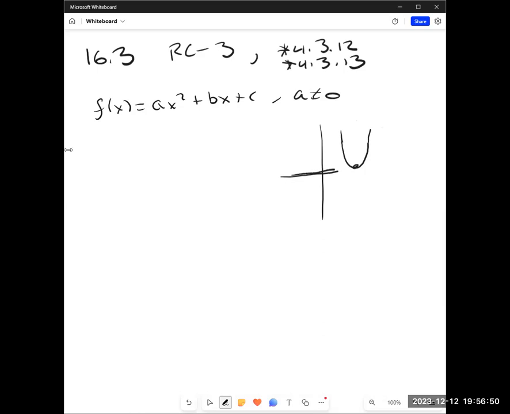So they're asking if we have this particular situation here where it touches but does not cross, if the discriminant is 0. And that's true, because we only have one solution, one time that it equals 0, which is going to be its x-intercept.